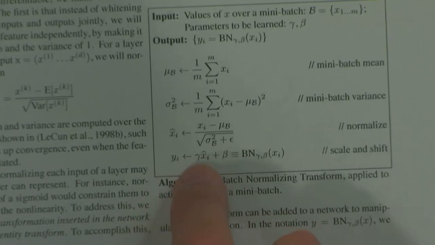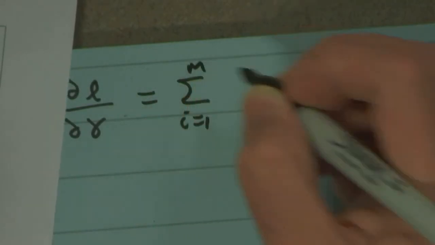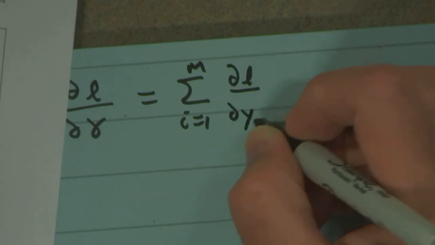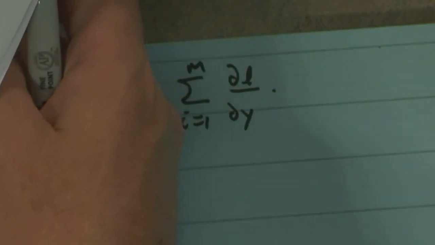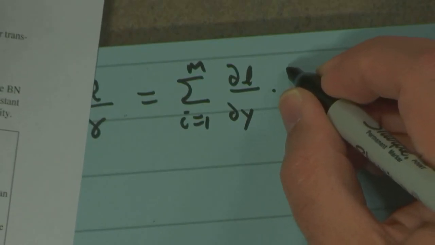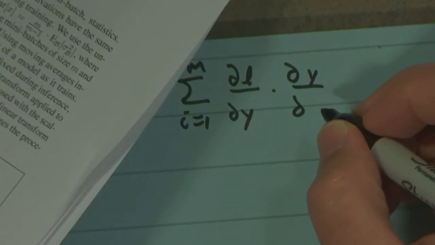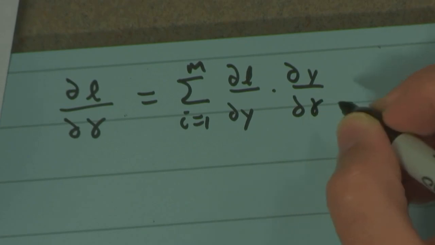So the fact that gamma is common for all of these means that this ends up being the sum, i from 1 to m, because I have m of those, of the derivative of the loss with respect to y, times, basically the way to think of it is the derivative of y with respect to gamma, right?